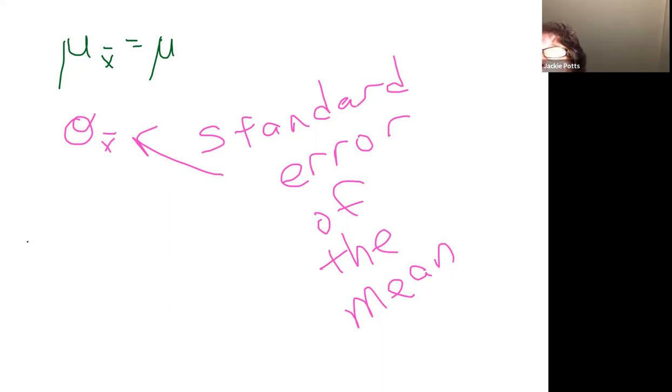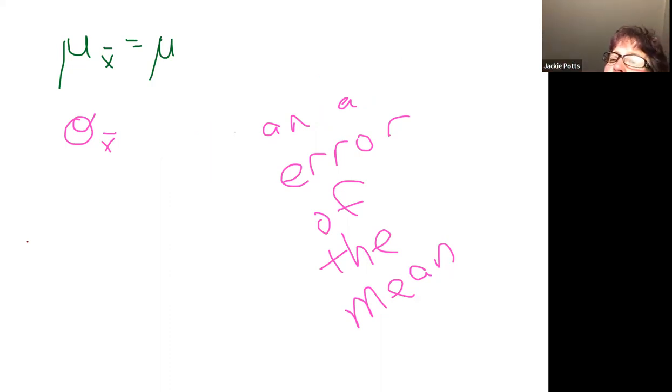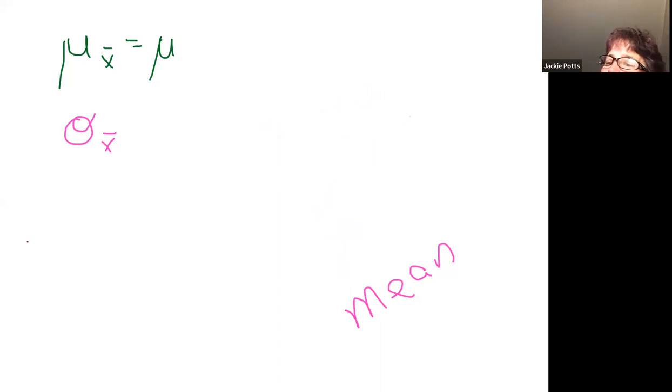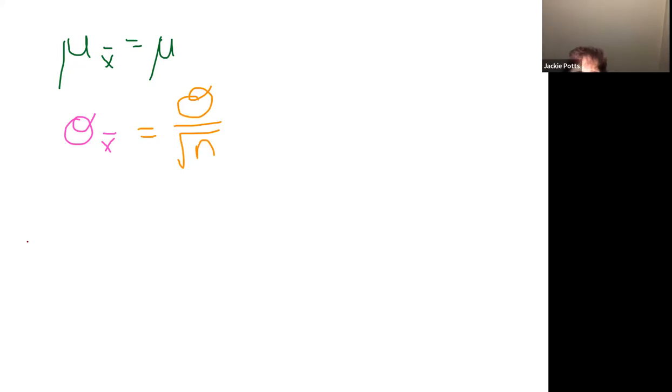We even give it the same symbol as a standard deviation, but it has its own formula. We're going to take the population standard deviation and divide by the square root of the sample size. Okay, that's the formula. That should start to embed.